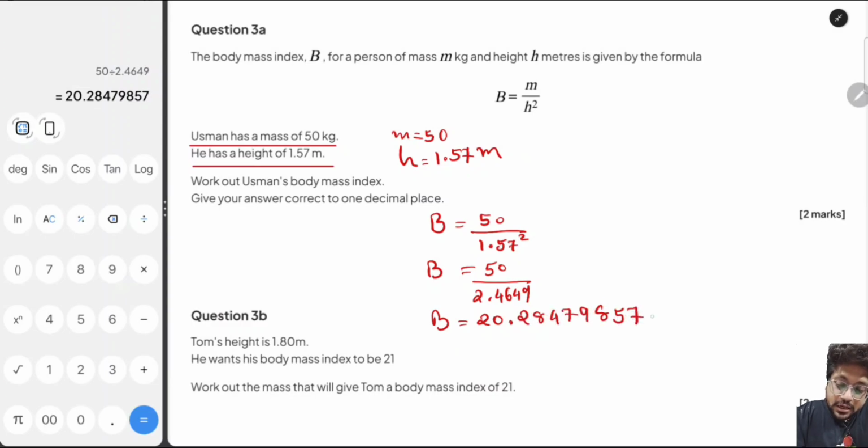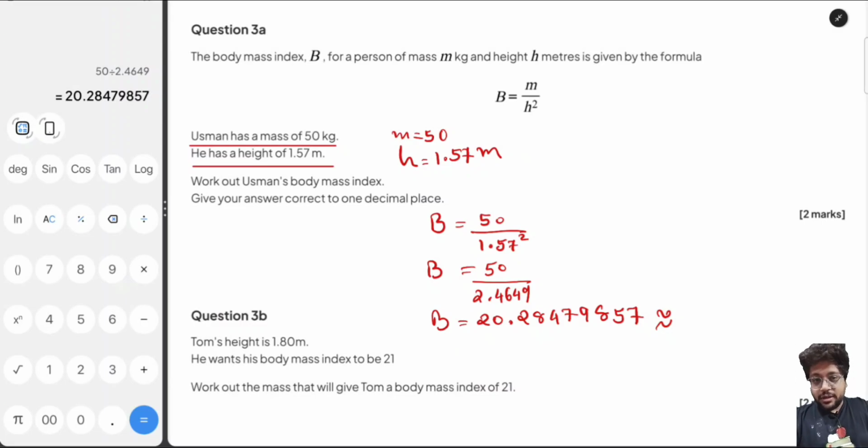20.28479857. But let me remind you, in IGCSE all the answers must be rounded off to three significant figures. If the question has already specified that the answer should be rounded off to a particular decimal place or significant figure, then follow that.